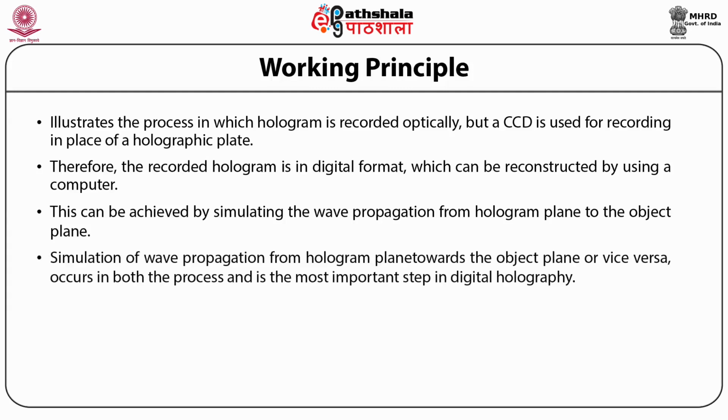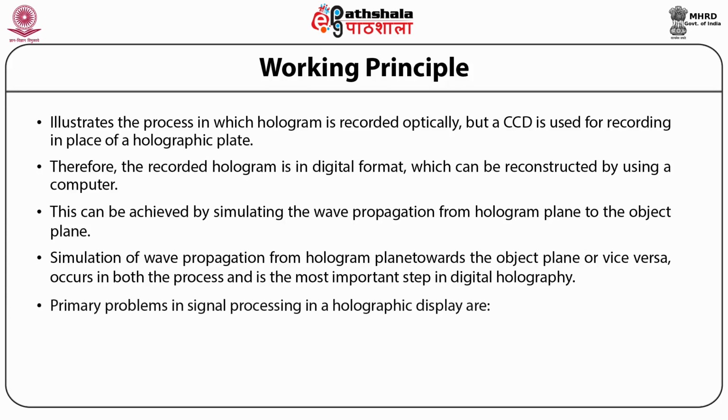Simulation of wave propagation from hologram plane towards the object plane or vice versa occurs in both the processes and is the most important step in digital holography. This is basically a signal processing problem.